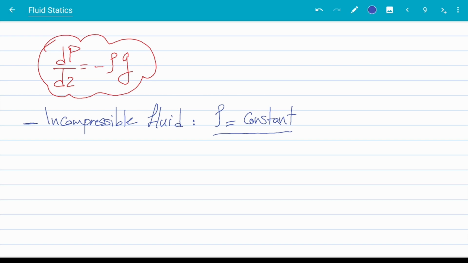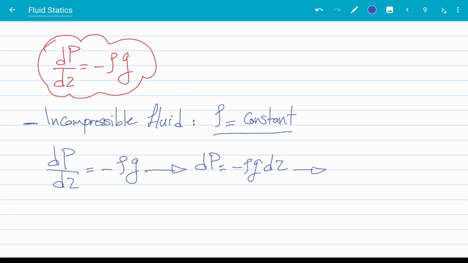If we are dealing with such a fluid, like most liquids, then we can say dp/dz is equal to negative rho g, and then dp is negative rho g dz, and then I can take the integral: the integral from p0 to p of dp is equal to the integral of negative rho g dz from z0 to z.